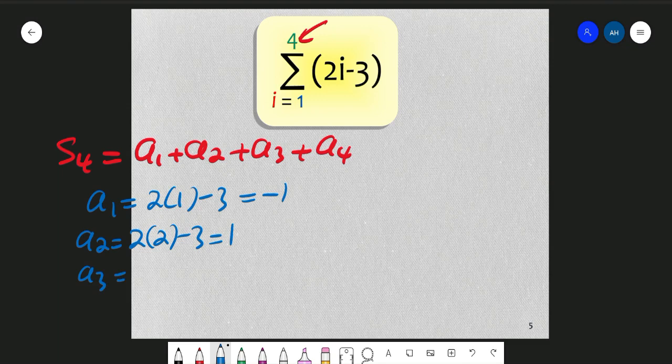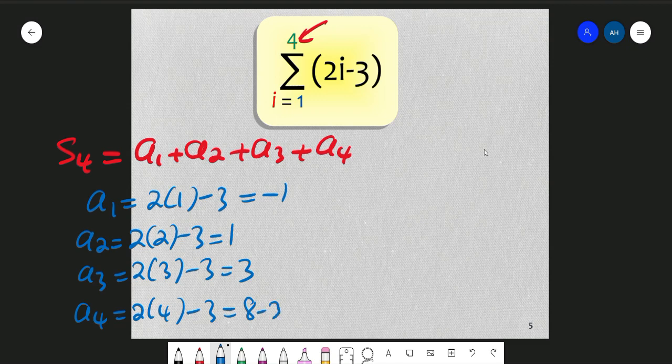For A3, we substitute I equal to 3, so 2 times 3, and then we subtract 3, that is 6 minus 3 is equal to 3. And the last term, A4 equal to 2 times 4, and then we subtract 3. That is 8 minus 3, equal to 5.